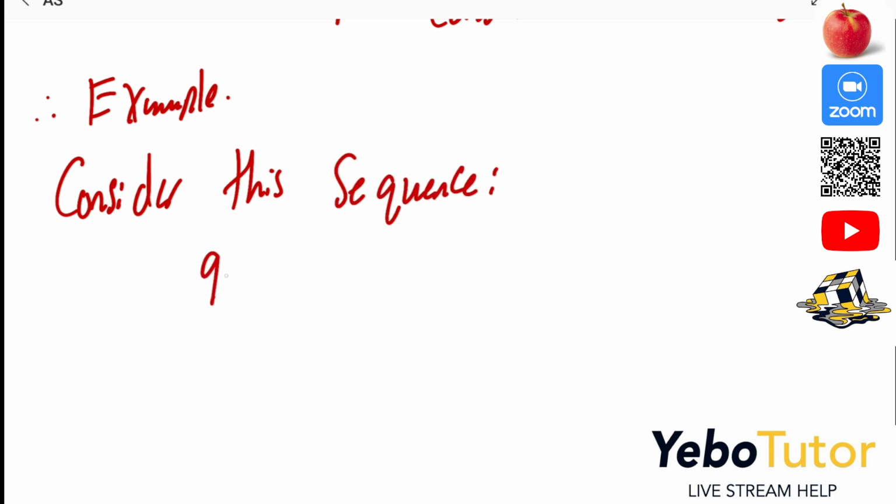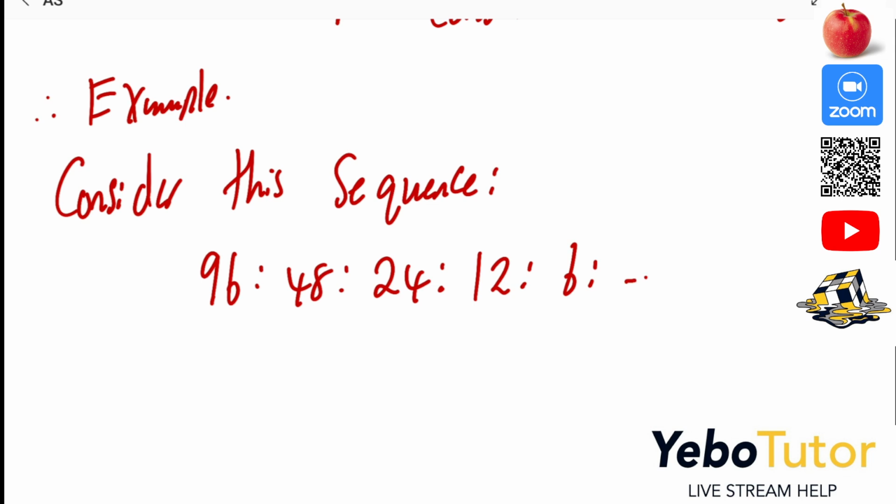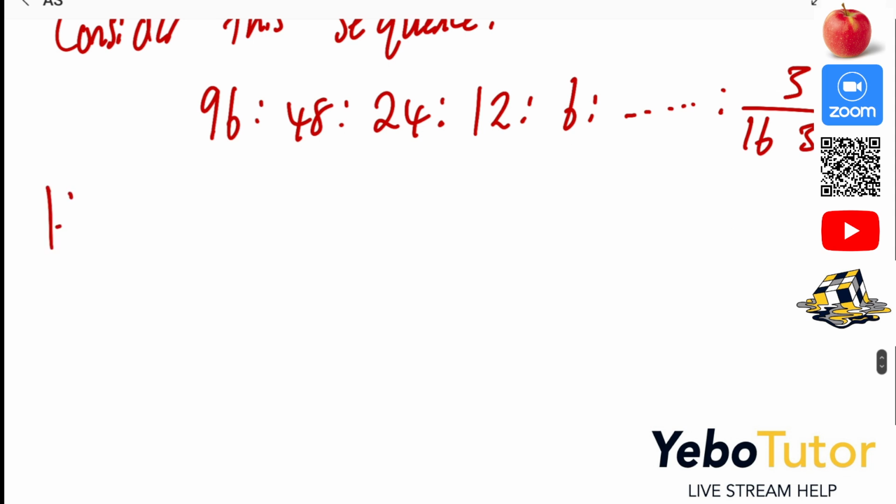Let's say we're given 96, 48, 24, 12, 6, something here, and then we have the last term, which is 3 over 16,384. Just making a typical example. Then the first question they'll ask is: state the common ratio.